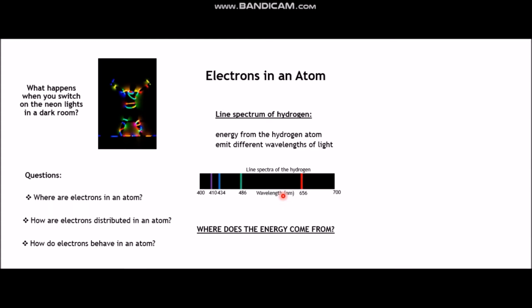But the question is, where does the energy come from? Does the energy come from the electrons? Maybe, but let's further see.